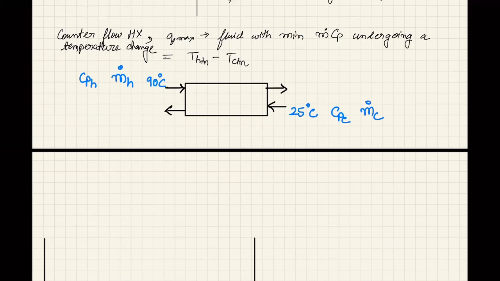All right. Now remember I had asked you a homework question around 2 or 3 classes before, as to what can be the maximum temperature that can be achieved over here, and many of you had rightly answered for the case of the counterflow exchanger. This particular temperature can go up to 25, and this particular temperature can maximum reach up to 90, and it can't go beyond that.